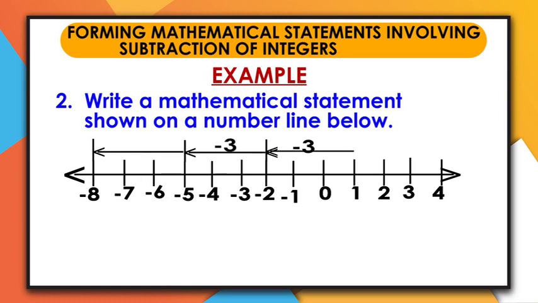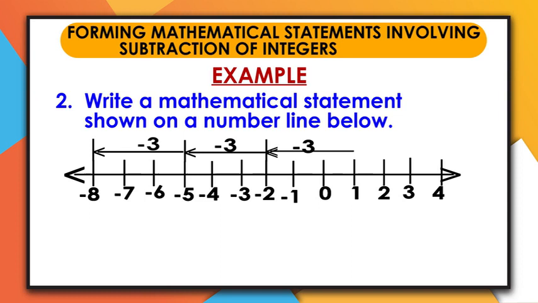It was also towards the negative, because it is indicated by the arrow. So we write -3 on top of that jump. Then from -5 to -8, that is also 1, 2, 3, and also towards the negative. So we write -3 on top of that jump.